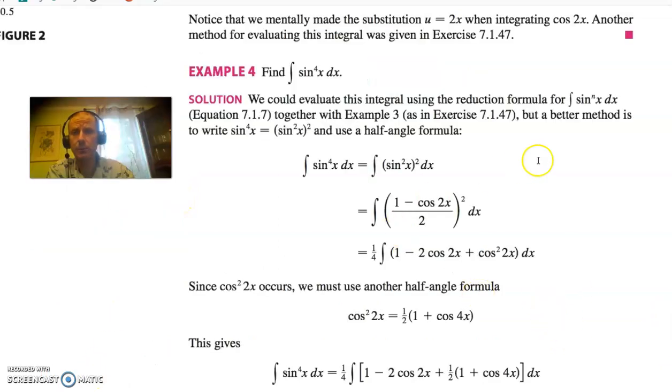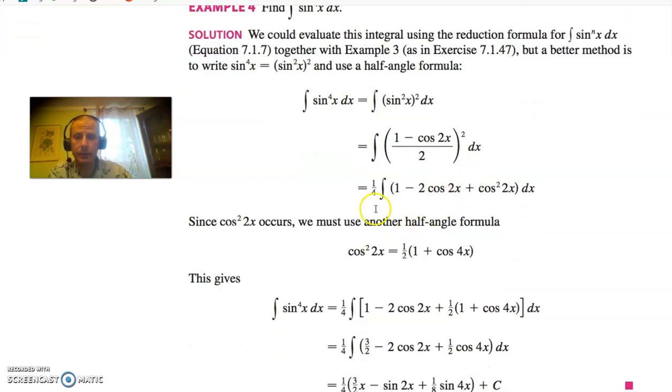So in example 4, the author of the book shows us how to find the integral of sine to the fourth x dx. First, we write it as sine squared quantity squared. Then we can convert that sine squared into a 1 minus cosine 2x over 2, and we get the integral of 1 minus cosine 2x over 2, that quantity squared. Multiplying it out, you get 1/4 times the integral of 1 minus 2 cosine 2x plus cosine squared 2x.